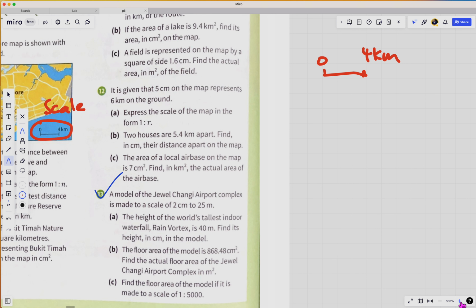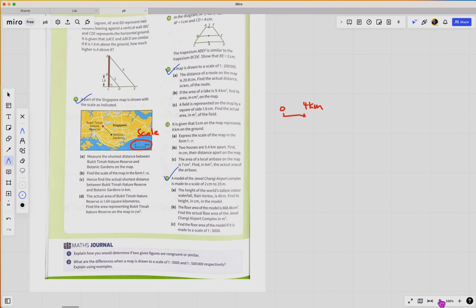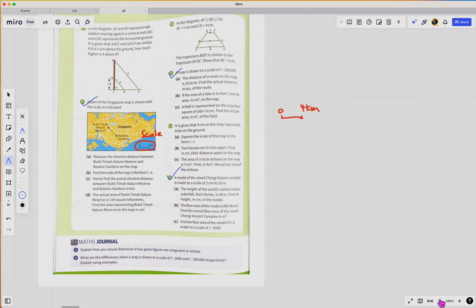If you zoom in so much, this one will be bigger than normal. So that's the reason why it's important that you print that one out, so you measure that one.